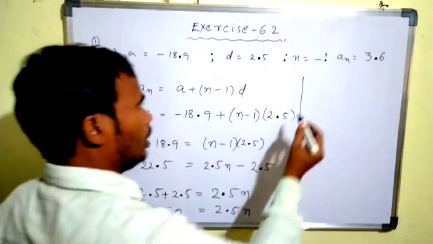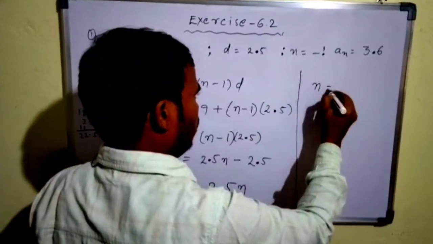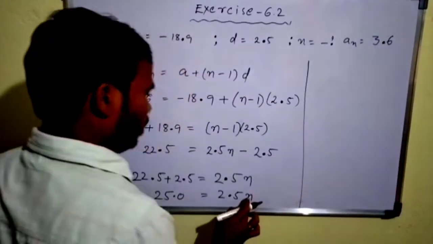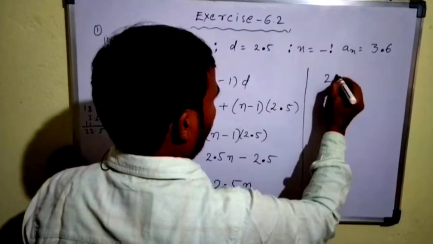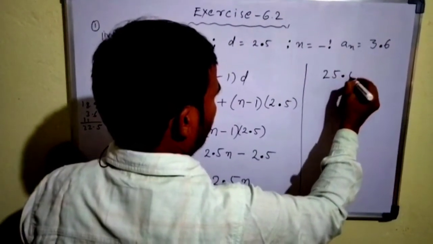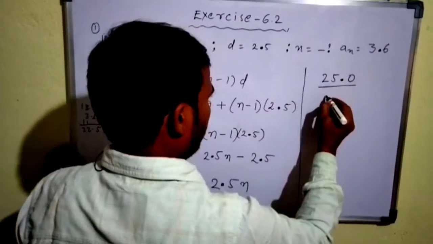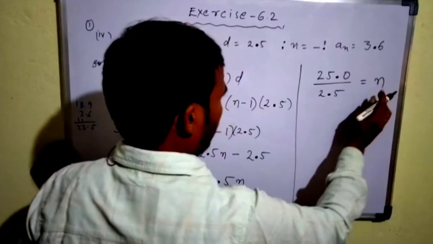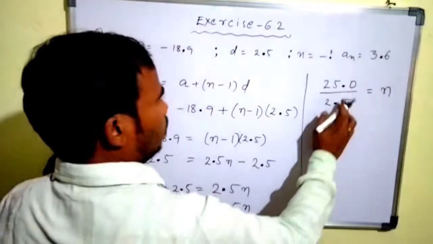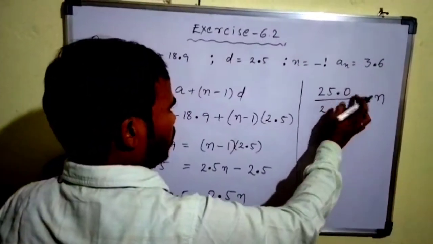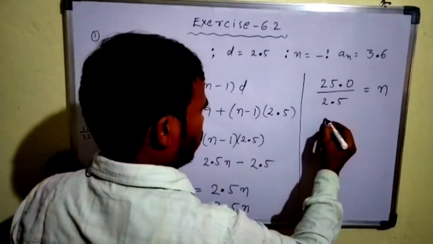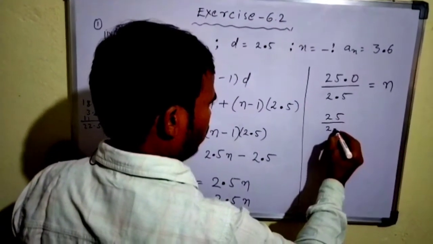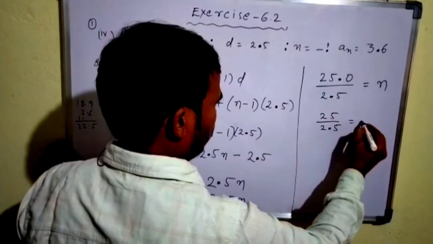Now the n value, leave it; the 2.5 transposes to the left side into the denominator position. n is equal to 25.0 by 2.5. After the decimal point 0 is there, which has no value. So 25 by 2.5 is equal to n.